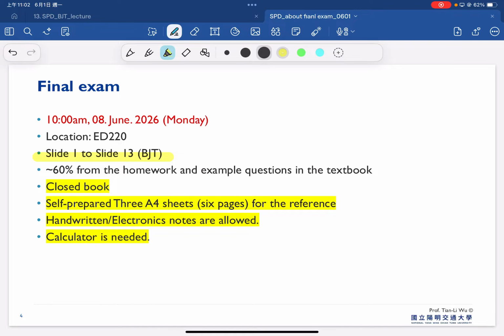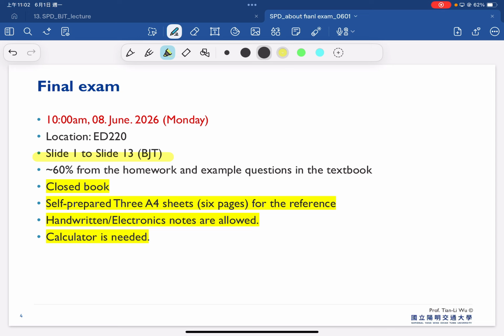The exam will have the range from the beginning until the BJT, because the knowledge you need to apply for MOSFET and BJT is highly associated with some basic fundamentals of quantum mechanics, and also excess carrier concentration and the PN junction.